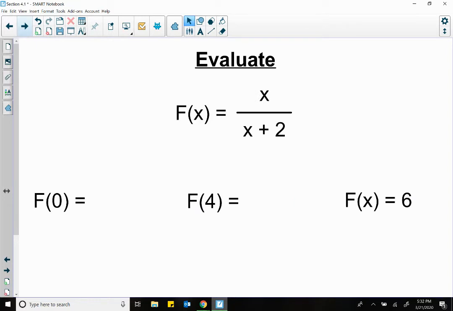Next that they want you to do in 4.1 is they want you to be able to evaluate. So remember that when we were evaluating using function notation, whenever you had a number inside the parenthesis, that represented x. Whenever you had the function notation equal to a number, remember that f of x was just a fancy way of saying y.